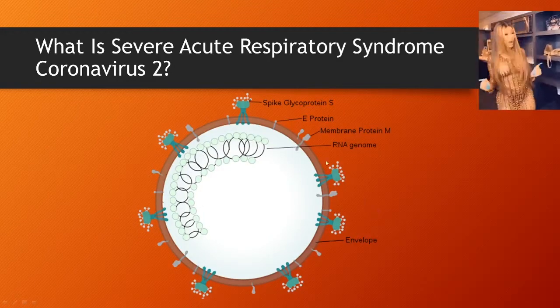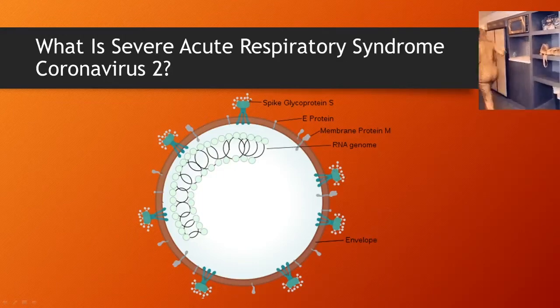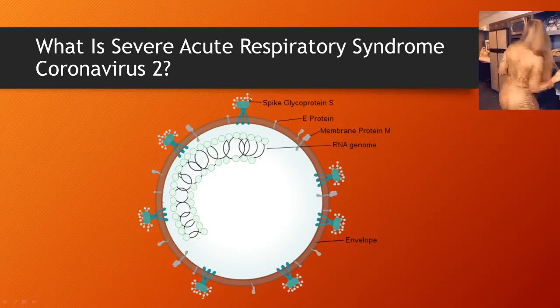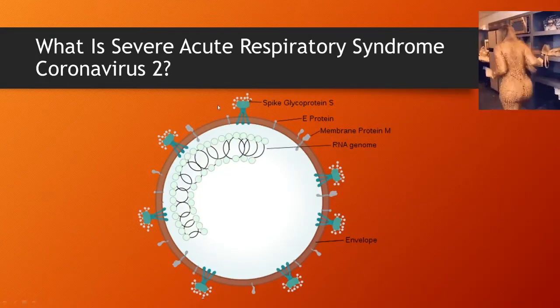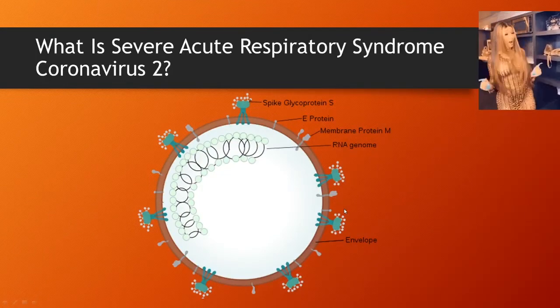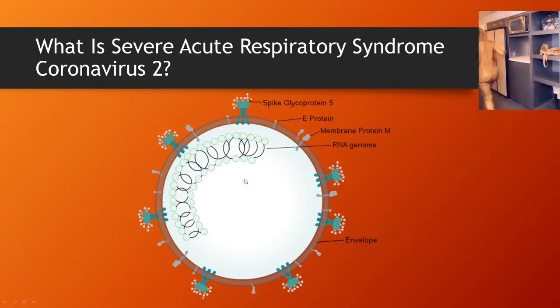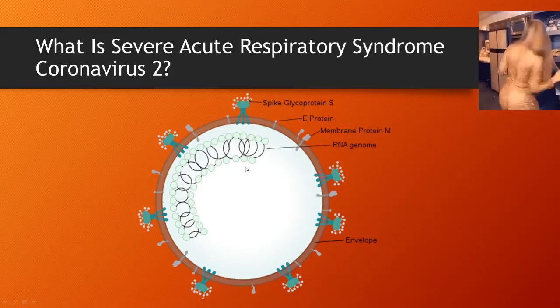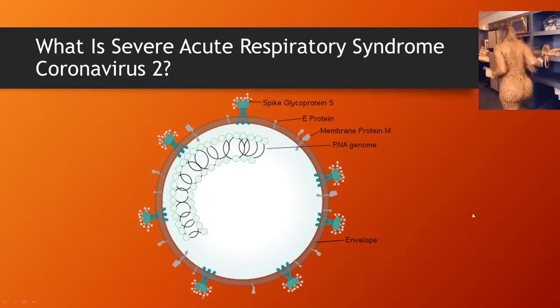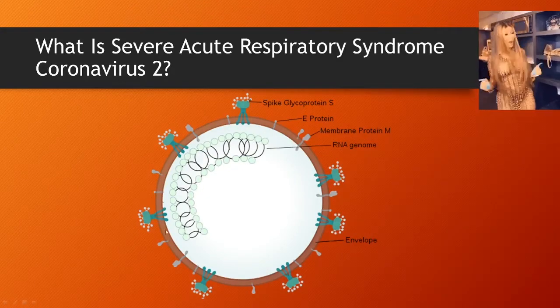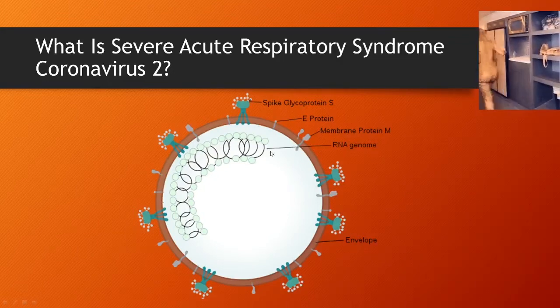And then, of course, the envelope, which is made out of phospholipids, just like our cellular membrane has a phospholipid bilayer. This virus has one as well, and that's where it contains the genome. So whereas our genome is double-stranded DNA, their genome is just one single strand of RNA that just loops around and is covered by those proteins.